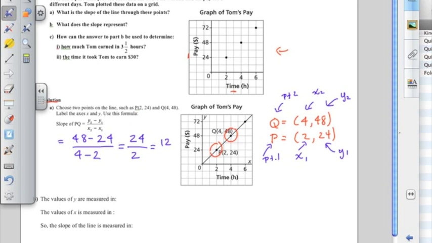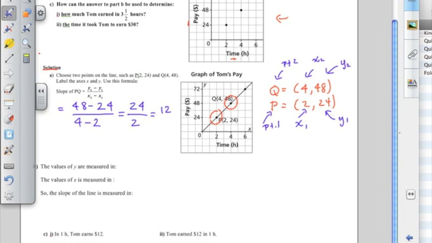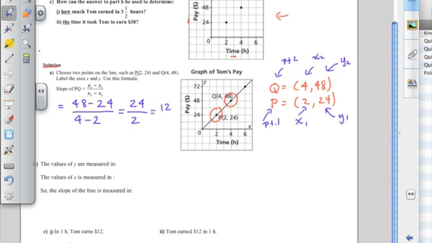Part B says, what does this slope represent? In order to determine what the slope represents, we've got to look at how our axes are labeled. Our y-axis is labeled as pay in dollars, and our x-axis is labeled in time, in hours.